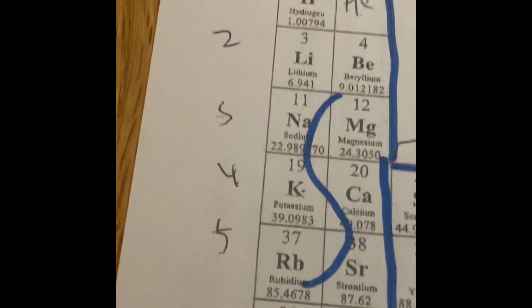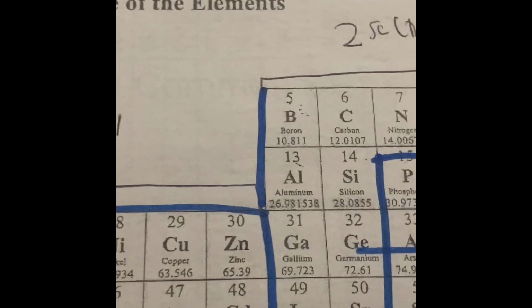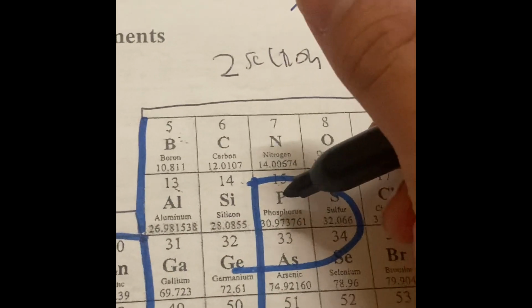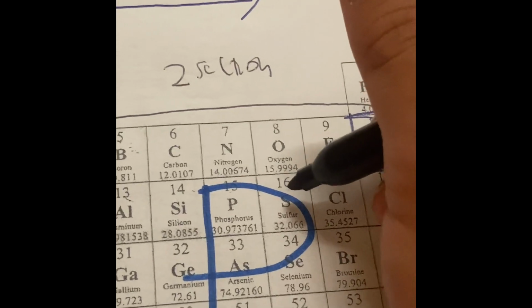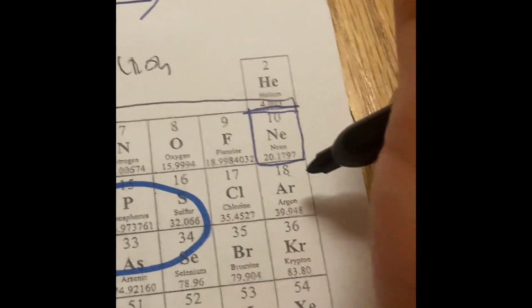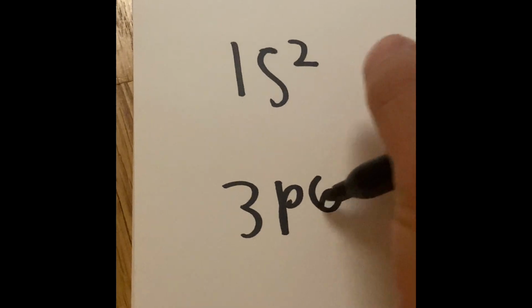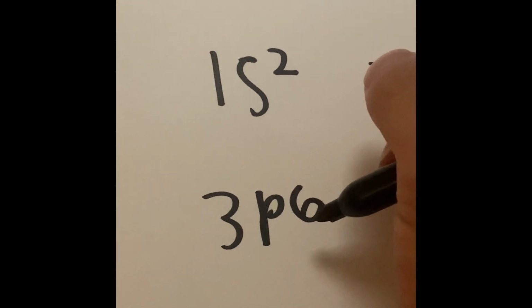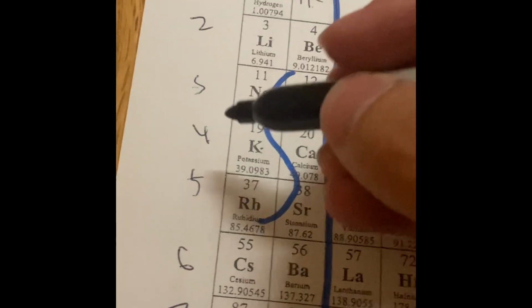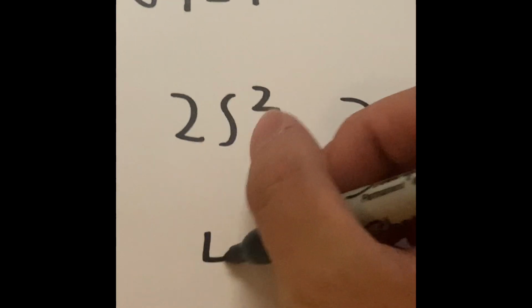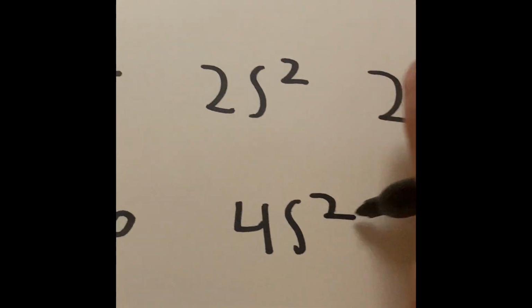Now we have to go to the other side and say 3p1, 3p2, 3p3, 3p4, 3p5, 3p6. So we have 3p6 as that one. So that left us at argon. Now we go on row number 4. 4s1, 4s2. So we're going to say 4s2.